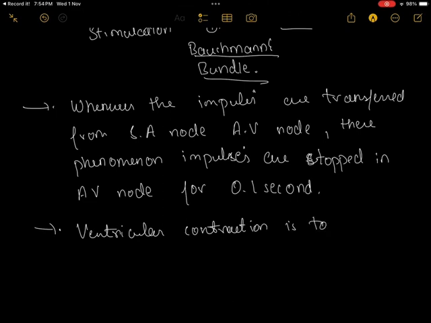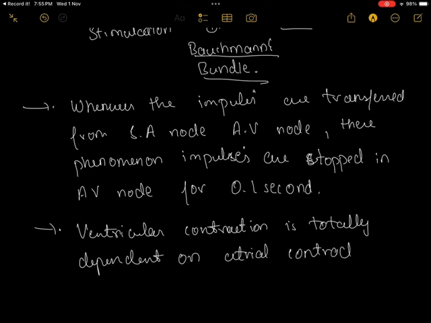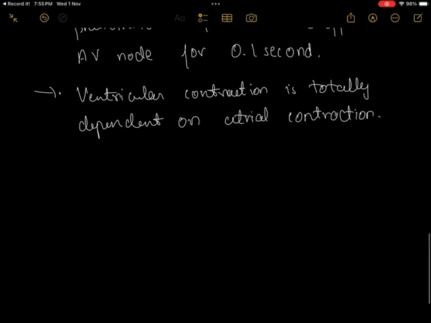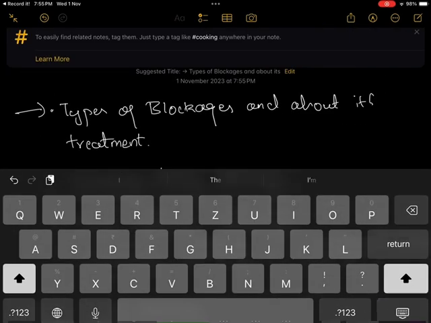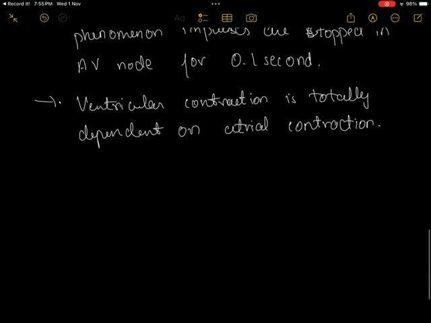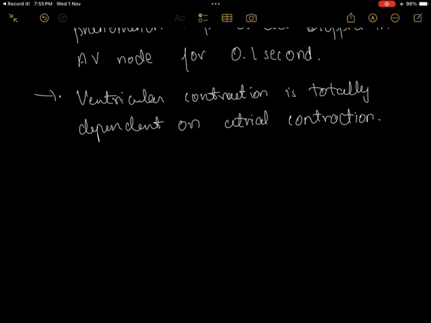I will explain this later when we talk about AV node blockage or junctional blockage. Let me mention the point: ventricular contraction is totally dependent on atrial contraction.